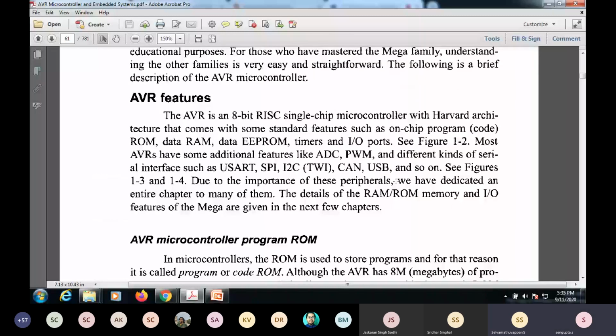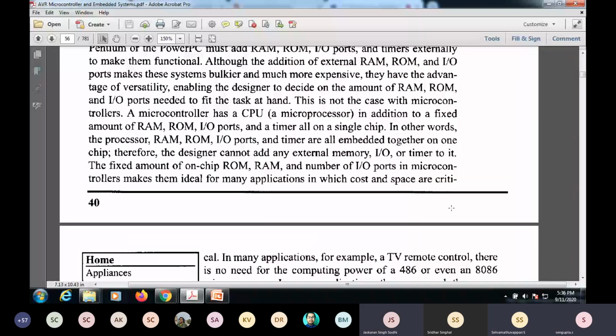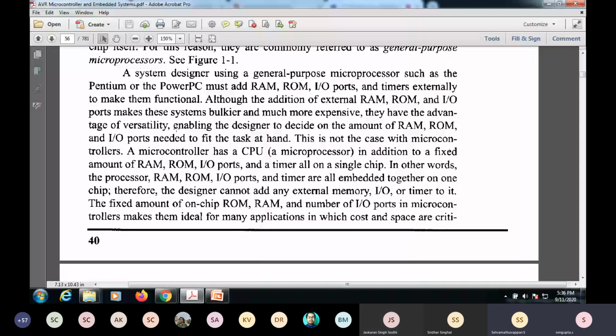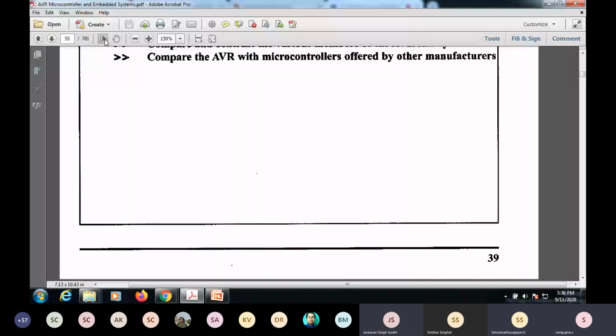So this is what you're talking about. Sir, 40, packaging issue of DRAM. No, you're talking about page 24 of the book. Sir, page 24 of the book, but 40 in the PDF.